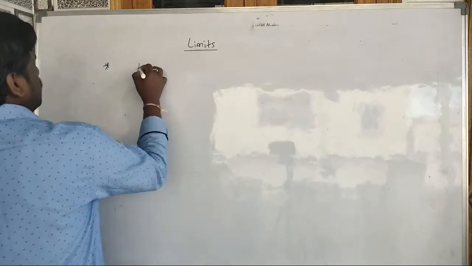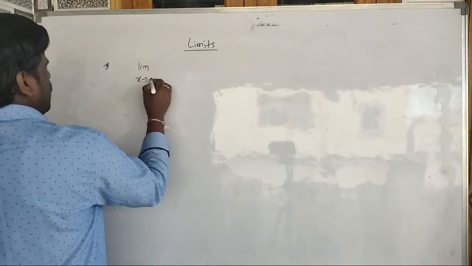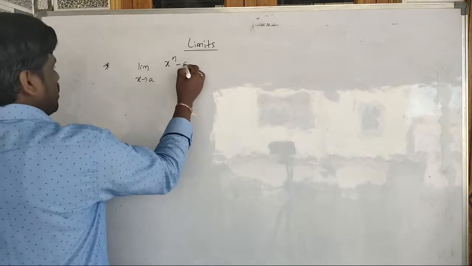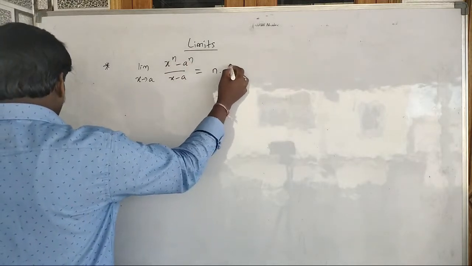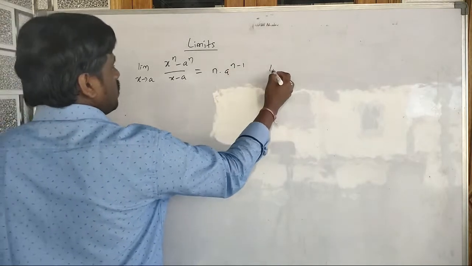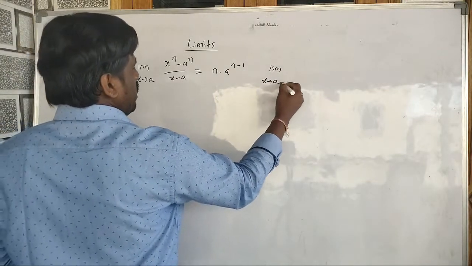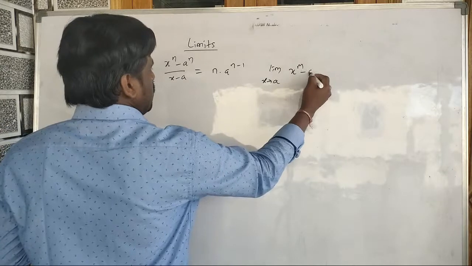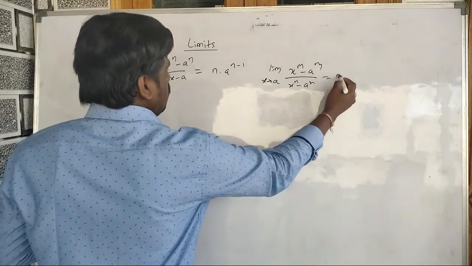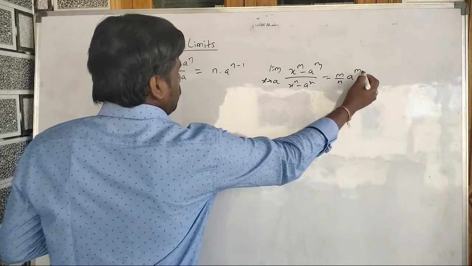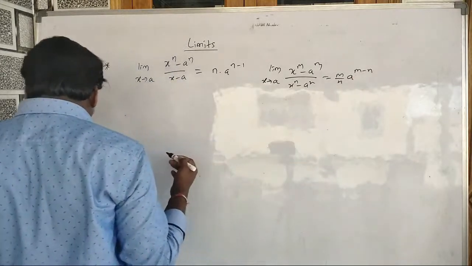Like limit x tending to a, x power n minus a power n by x minus a is equal to n into a power n minus 1. This you have learned. Limit x tending to a, x power m minus a power m by x power n minus a power n is equal to m by n a power m minus n. You have learned this.